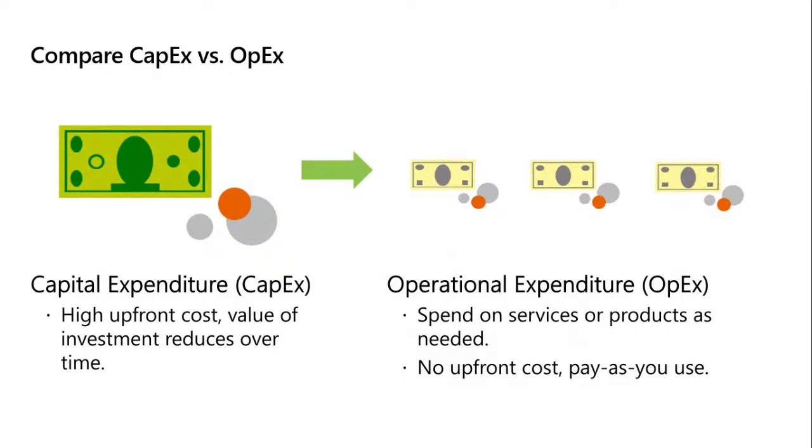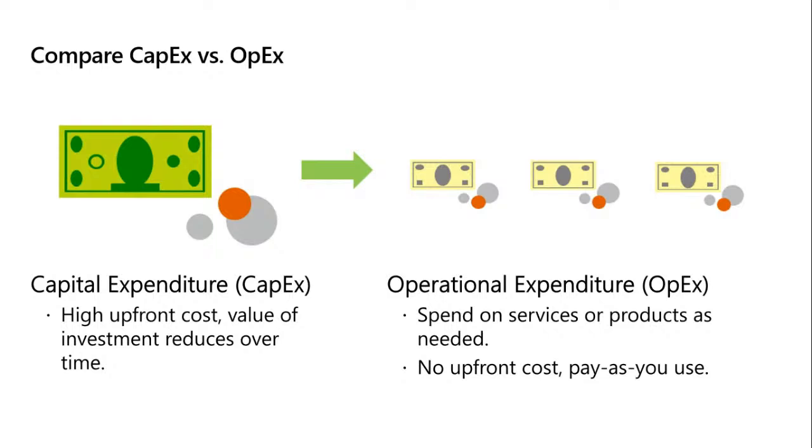Okay, and then actually we need to compare these things with capex and opex. Capex means capital expenditure, and opex means operational expenditure. For capex, there is a high upfront cost, and the value of the investment reduces over time if used in cloud services.